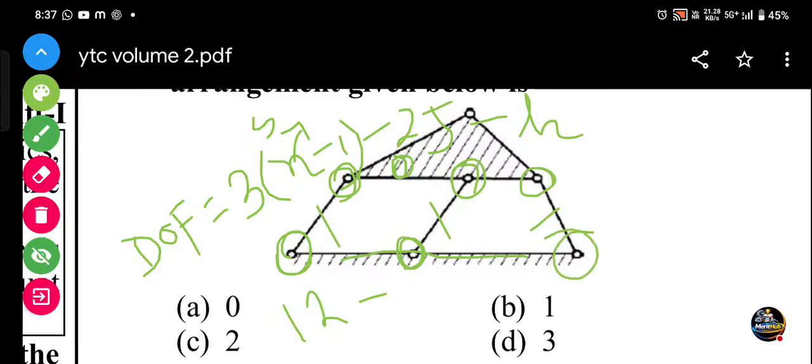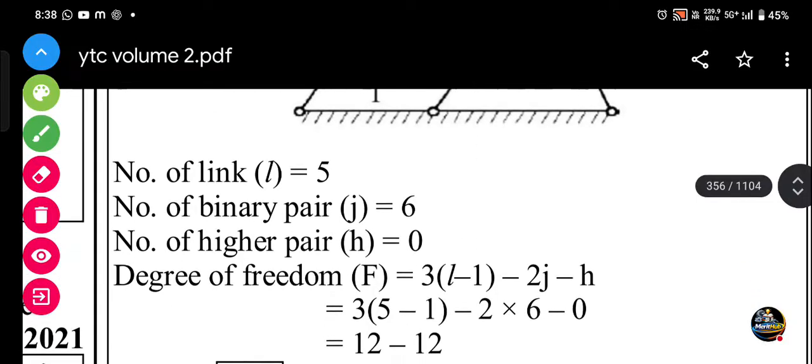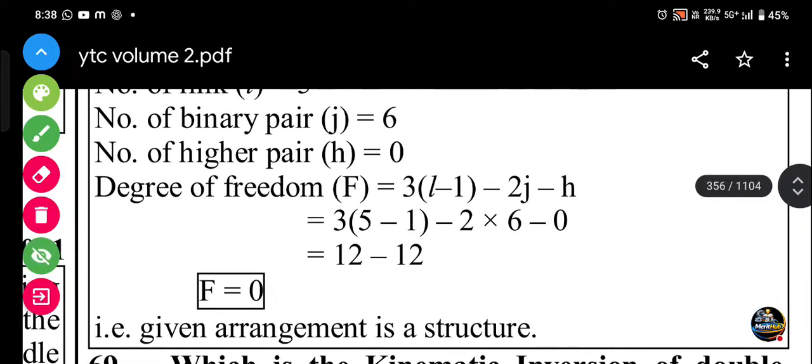Number of joints 6, 6 into 2 is 12. There is no higher pair. So the degree of freedom is 0. Let's check. Yes, here is the calculation also, degree of freedom is 0.